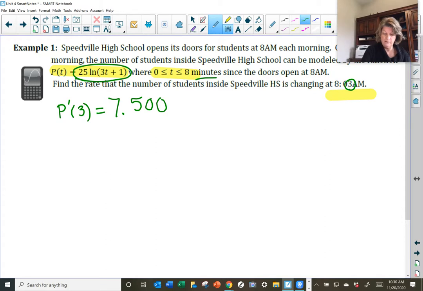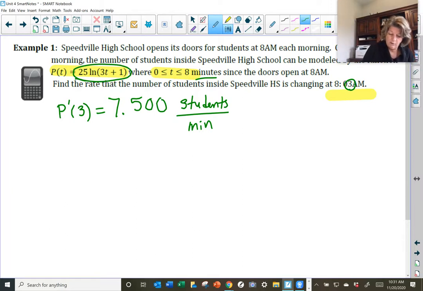And find the rate at which this is changing. So this would be students per minute. Seven and a half students entering the building. And it's positive, so that means the population's increasing inside the building, which is what you'd expect at 8 a.m., right? Find the rate.